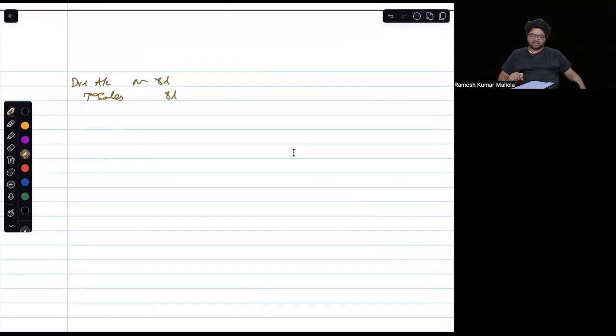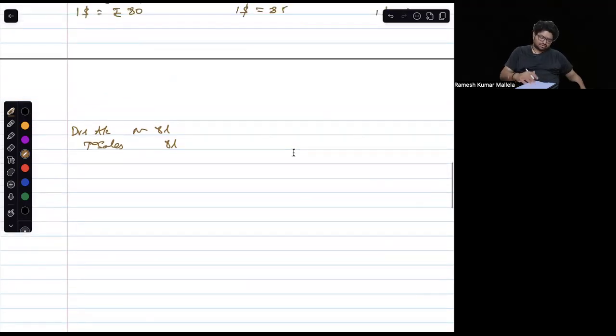Credit side, sir. So here also, if foreign exchange gain comes, it will be credit. To foreign exchange gain, how much? 50,000. Whom should I debit? Who is going to give me that profit? Debtor. Debtor account debit 50,000.